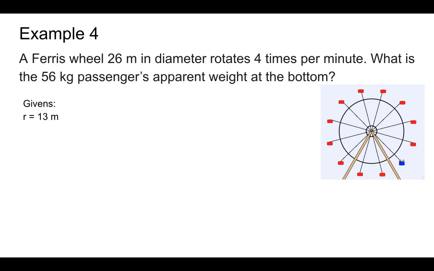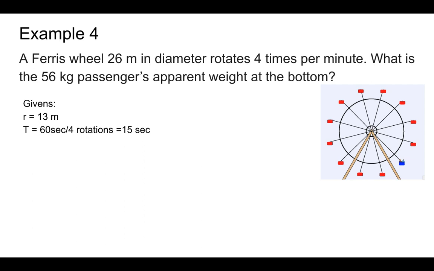And I know that it's rotating 4 times. So I have 60 seconds for 4 rotations, and to find how much time for one rotation, we just divide 60 by 4. So 60 divided by 4 is 15 seconds per one rotation, and that's what the period is equal to.